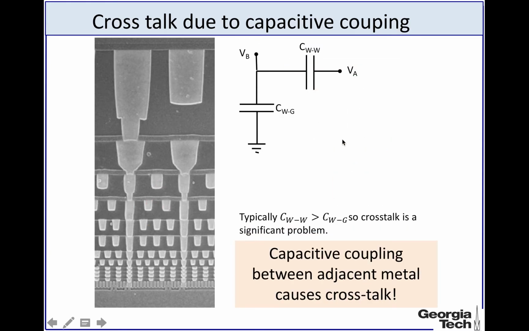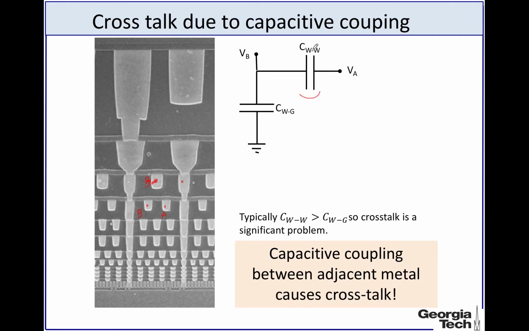So to look at it more precisely, we can construct this kind of equivalent circuit. Let's say this is our line B, and say this is our line A. Now between line A and B there is this capacitance which we call CWW.